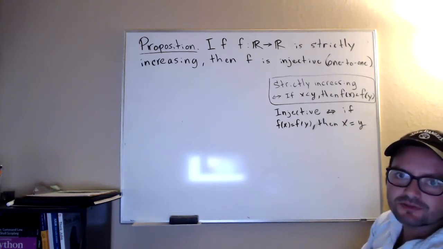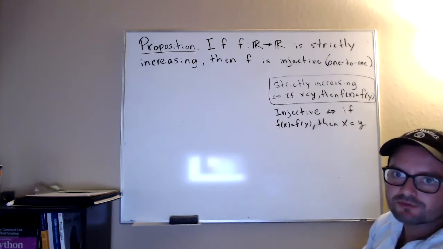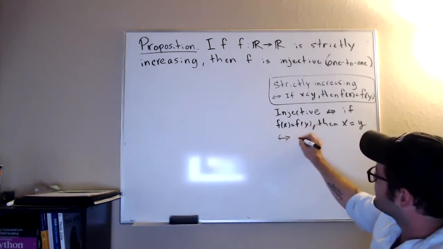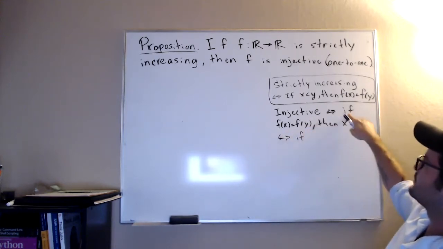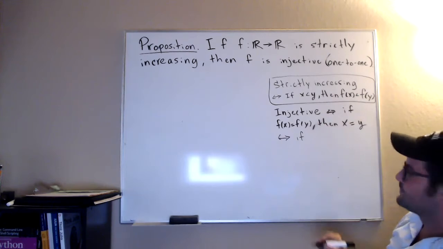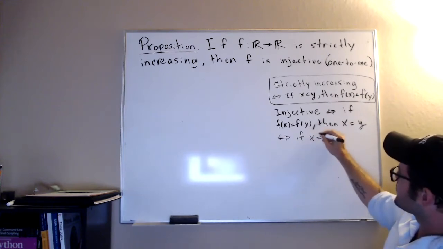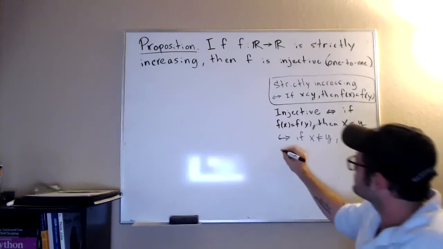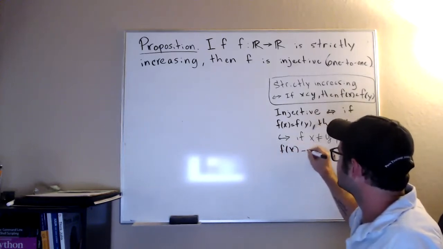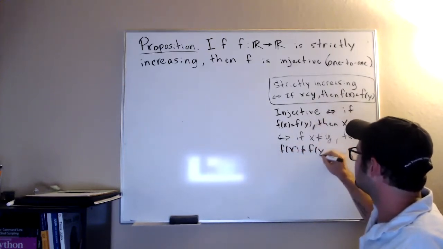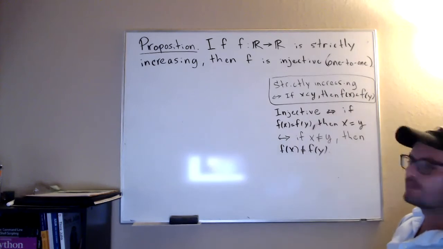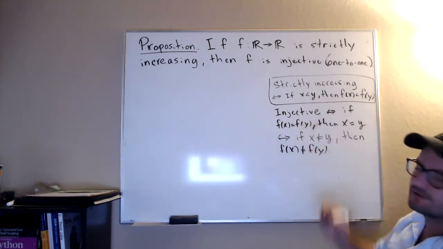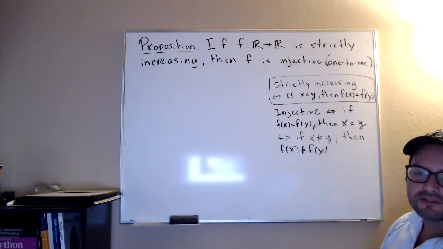You can consider the contrapositive of them as well, right? So this is also the same thing as saying, if we take the contrapositive of this if-then statement, we get that if x is not equal to y, then f of x is not equal to f of y. So this is the contrapositive of that, and they both mean the same thing. And they both mean that the function f is injective.